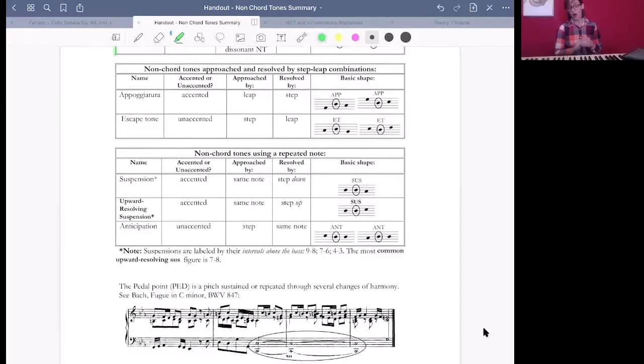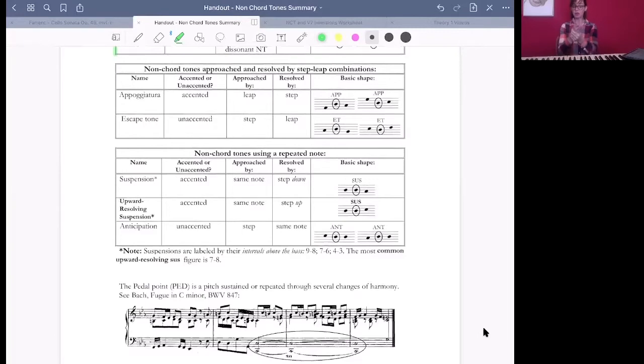Appoggiaturas are when you leap, so I'm going to give us, here's arbitrarily our chord. Here's another chord tone. We leap out and then step down to resolve. So leap out, step to resolve.